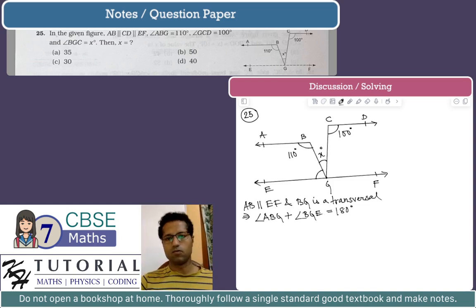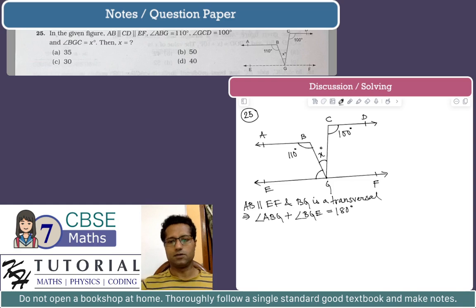We know that the sum of co-interior angles formed by a transversal with two parallel lines is equal to 180 degree. And what are co-interior angles? Co-interior angles are interior angles formed by a transversal with the two parallel lines on the same side of the transversal.